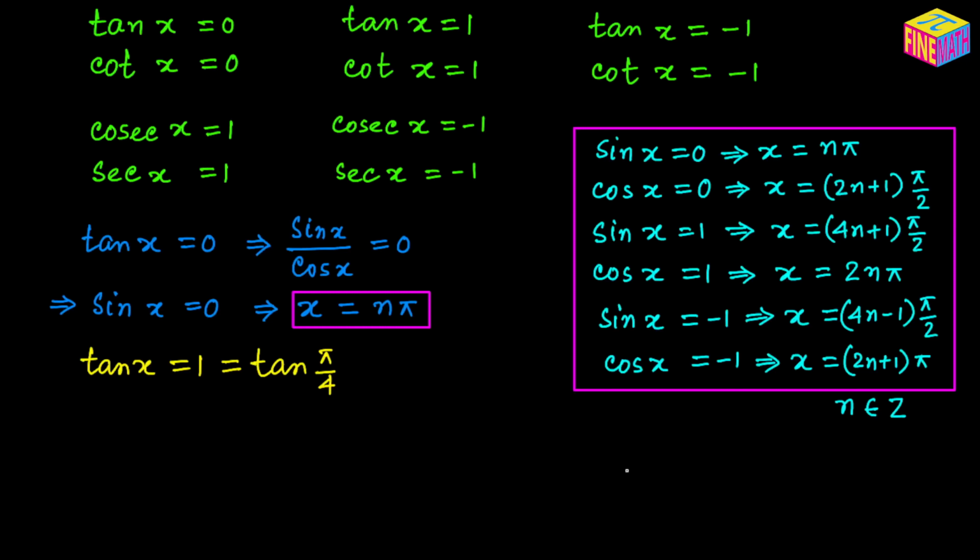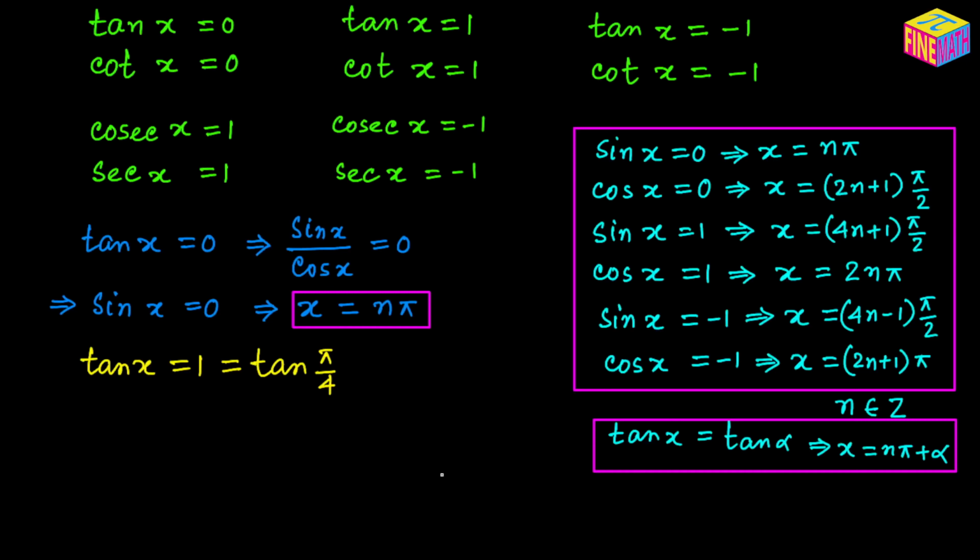So let me make a quick note here that tangent of x is equal to tangent of alpha gives us the general solution of x, which is equal to n times pi plus alpha. So I'm adding this one other trigonometric equation in the standard list here. So when tangent of x equals tangent of alpha, then the general solution is n times pi plus alpha. So in this case, clearly x should be equal to n times pi plus pi over 4, and that is the general solution.